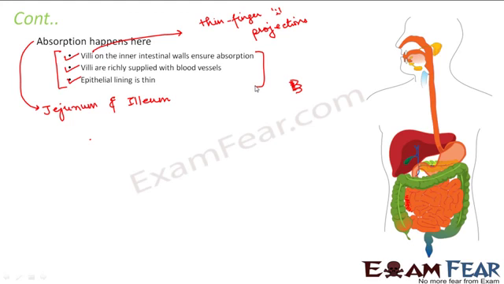How do they absorb? With the help of thin finger-like projections called villi. Villi will absorb the good things from the digested food. They will pass it to the blood vessels, and the blood vessels will pass it to the entire body. Also, the epithelial lining of small intestine is thin, so that good transfer can take place with the blood vessels.